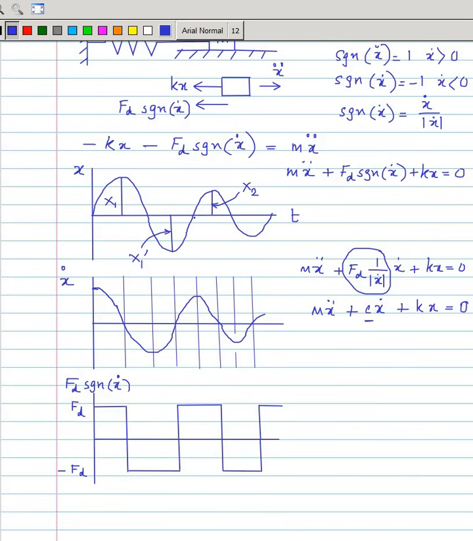So one thing: if this is the displacement graph, this is an approximate velocity graph, so you can draw it using dotted lines, because this is just an approximation. You do not know the exact shape, so you can draw it dotted if you wish.